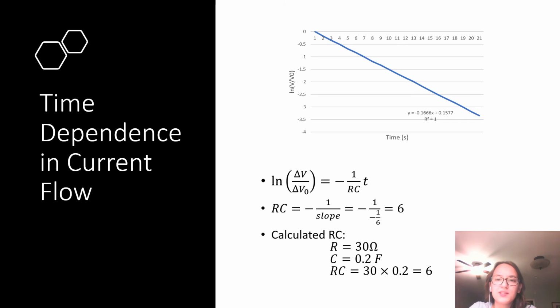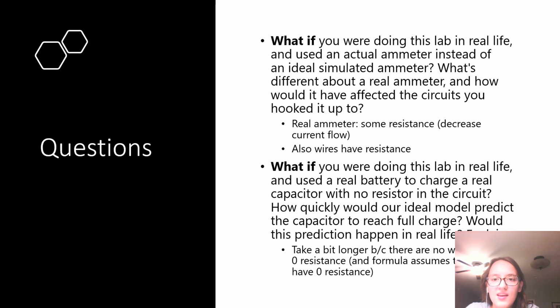Finally we explored the time dependence between current flow and time, and between voltage and time. We calculated the RC value of the circuit to be 6, both from the slope of the graph and manually calculating it.